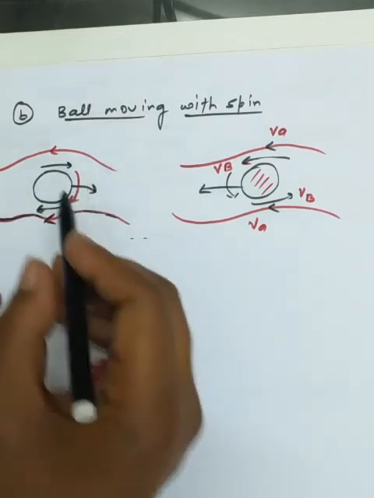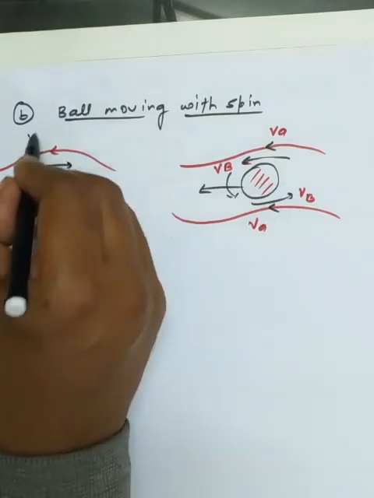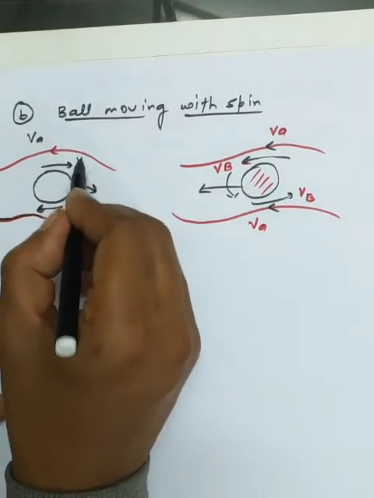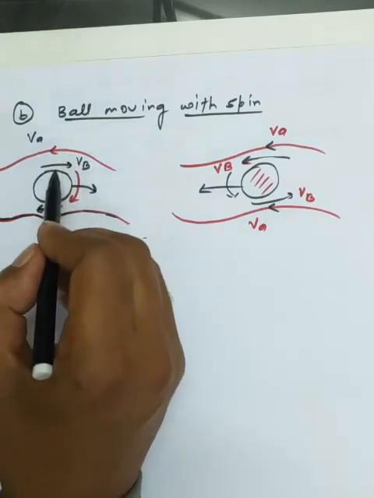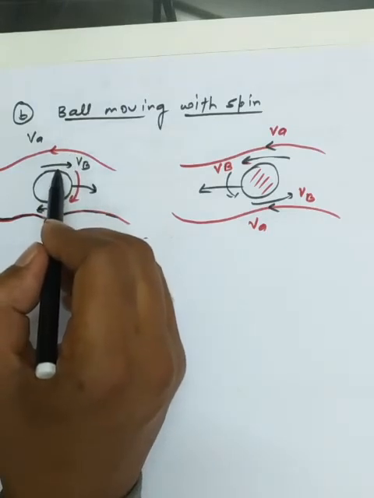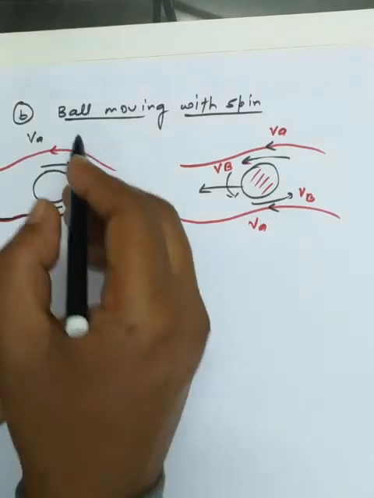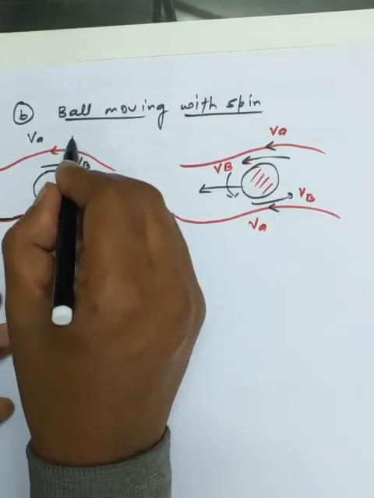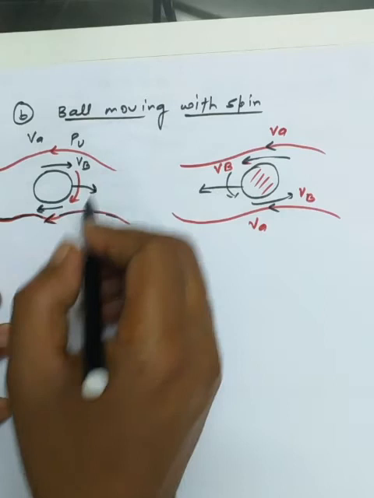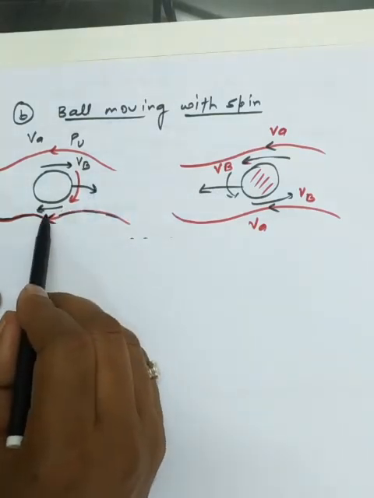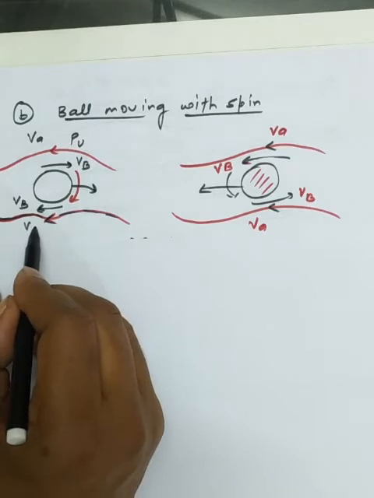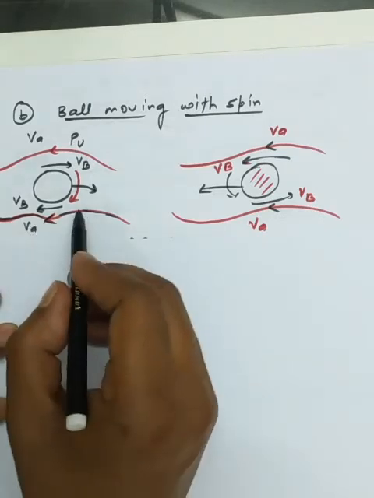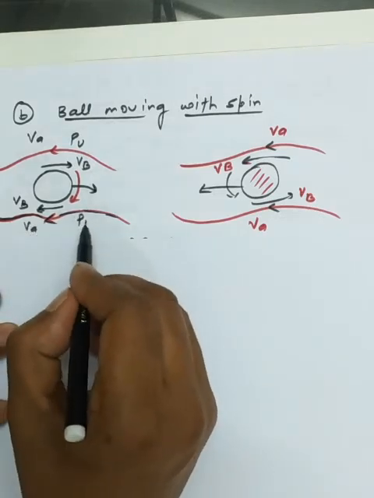Here we have the velocity of the air and the velocity of the ball, both in different directions, so the velocity is quite less and the pressure will be more in the upper side. In the lower part, the velocity of the ball and the velocity of the air are in the same direction, so the velocity is quite high, and the pressure in the lower part is the minimum.